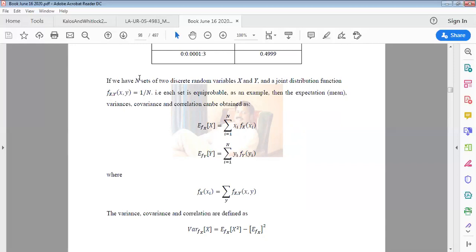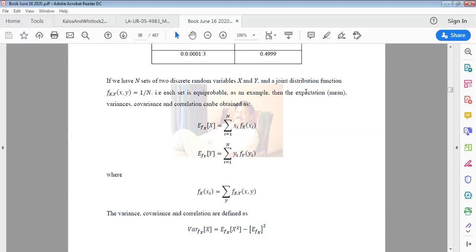And supposing you've got n sets of these, so x1, y1, x2, y2, x3, y3, all the way up to x100, y100. So supposing n is 100, and each of those sets has a probability 1 over 100, so each one is equally important. It's equiprobable.